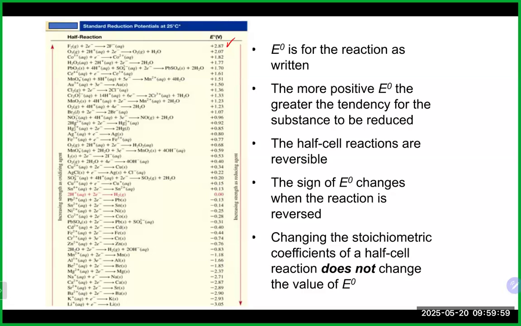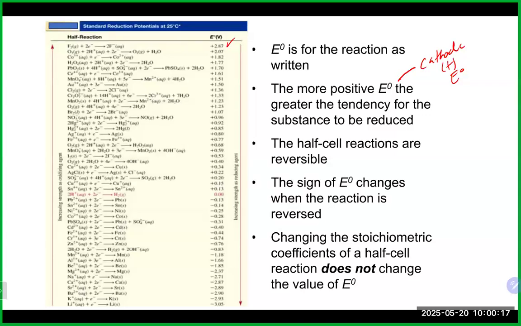And the thing that gets reduced in a galvanic cell is your cathode. So your cathode is usually the more positive E value. And again, if you're not given any information about how the reaction is taking place, that's how you know that's your cathode. The other one would be your anode.